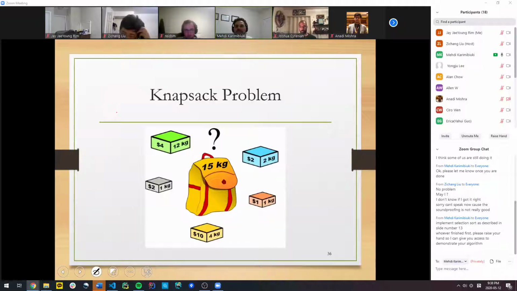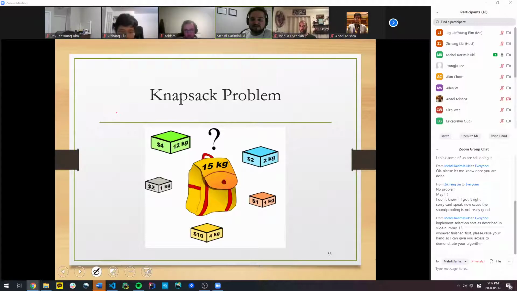So we have a knapsack, right? And we have different weights that we can put into the knapsack. The maximum weight that the knapsack can tolerate is 15 kilos. We have bricks of 4 kilos, 1 kilo, with different values.